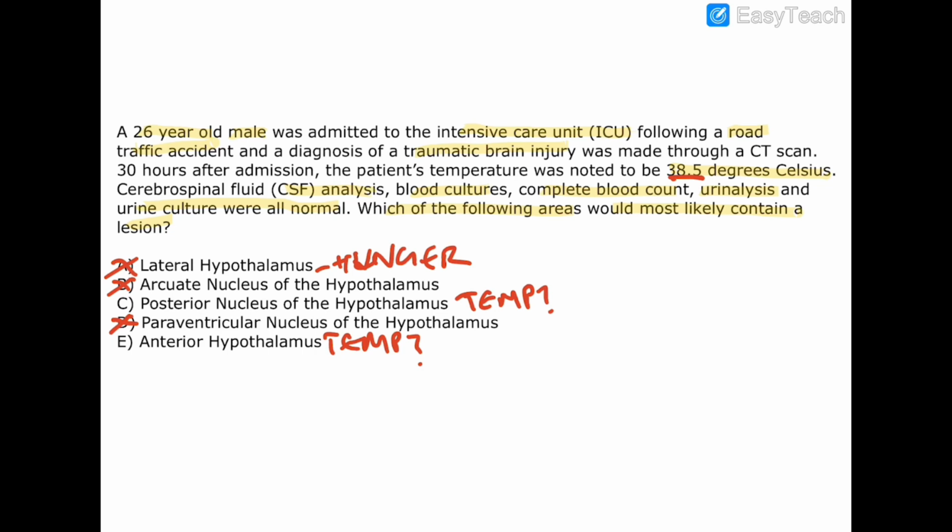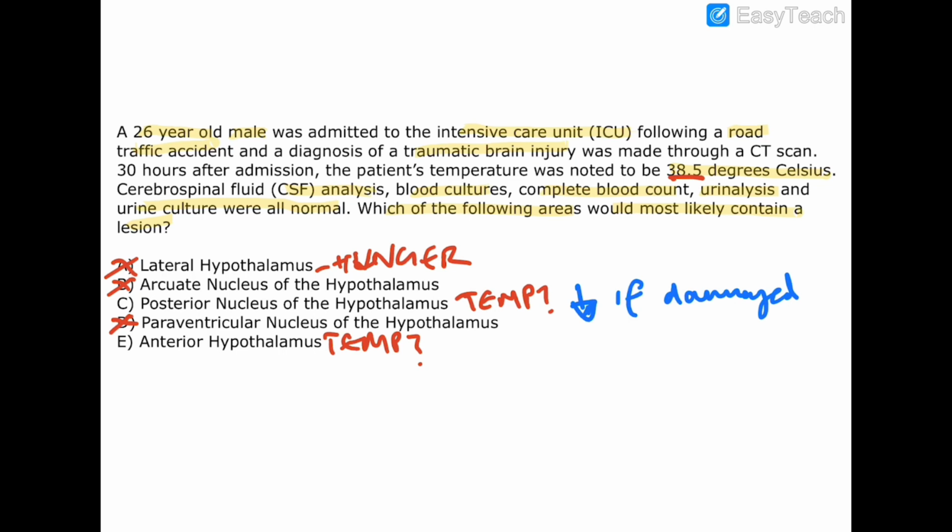But in this question, they're asking which of the areas has a lesion. So if there's damage to the posterior nucleus of the hypothalamus, it would not cause elevated temperature, it would cause decreased temperature if damaged. So therefore, we're remaining with the anterior hypothalamus.